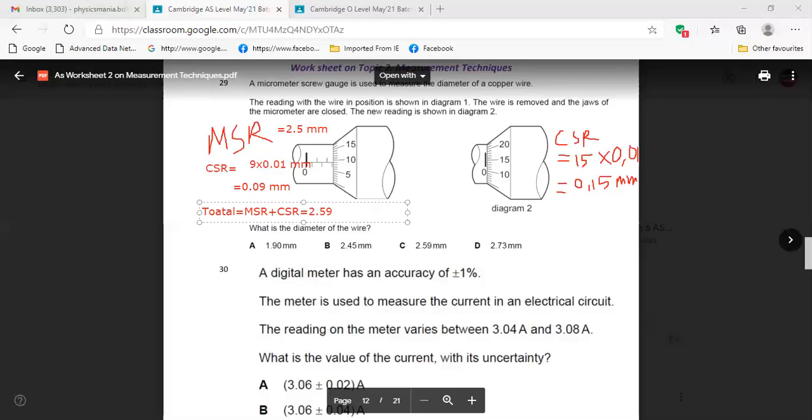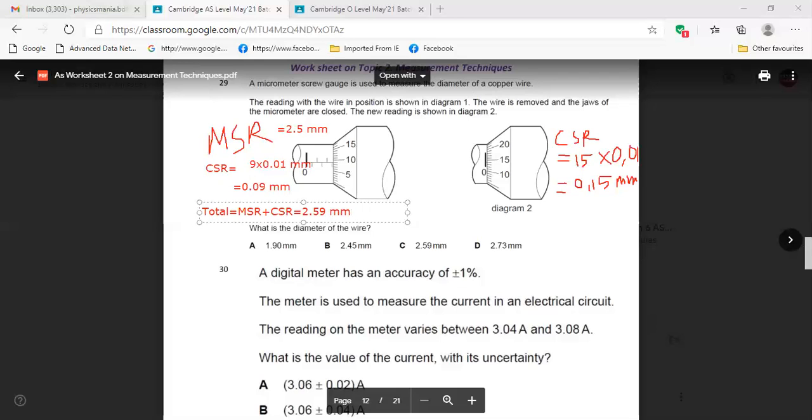Yes, sir. And this is in millimeter, right? 2.59 millimeter.